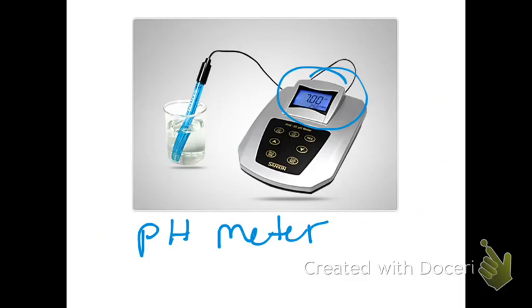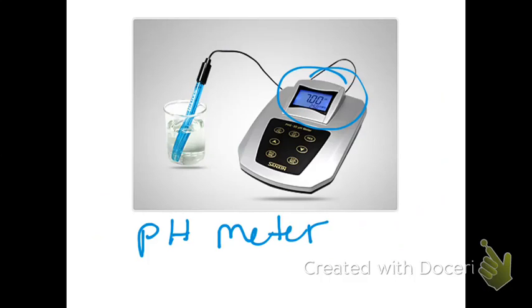Plus the meters have to be accessible, and they're very expensive on top of that. So meters are great if you have access to them, and they give you a very accurate reading of the pH of a solution. But pH paper works just fine too. It's cheaper, it's easier to carry around, and so forth.